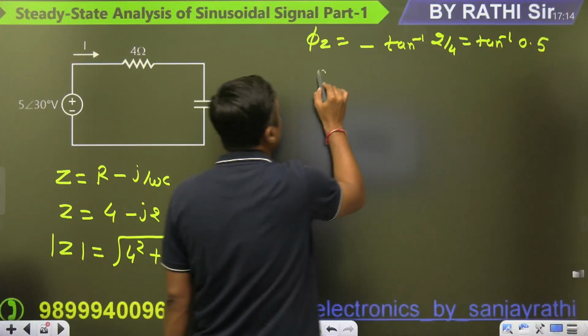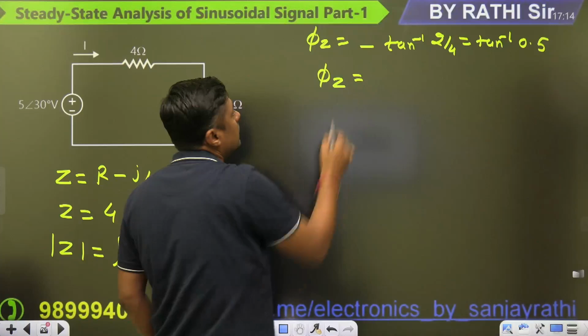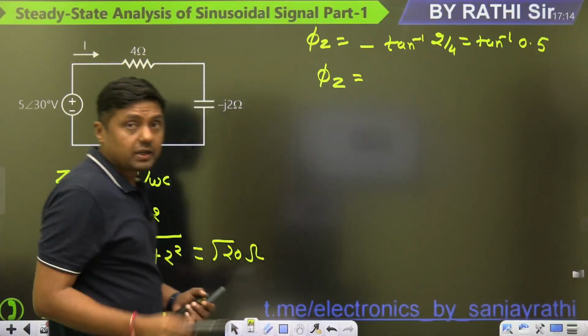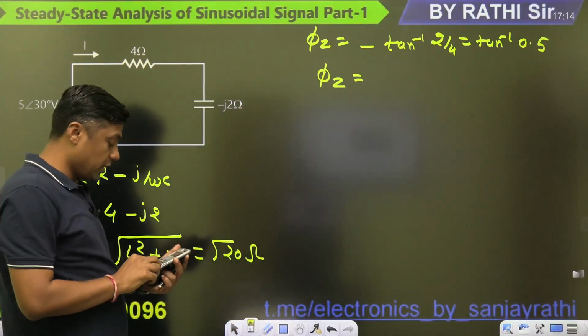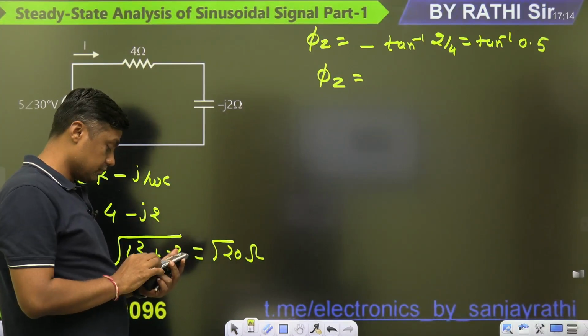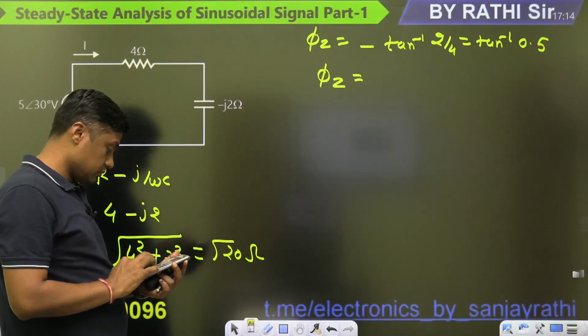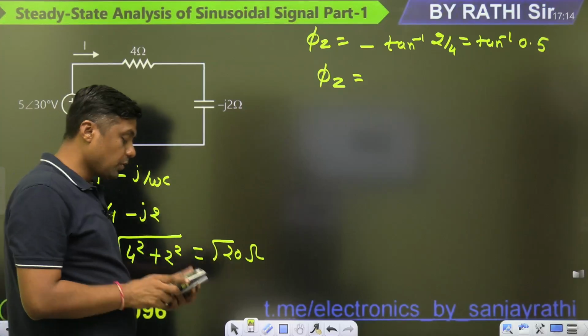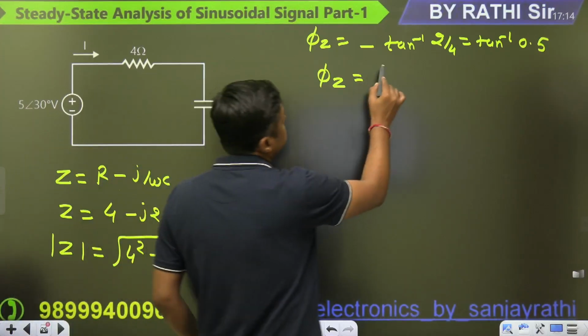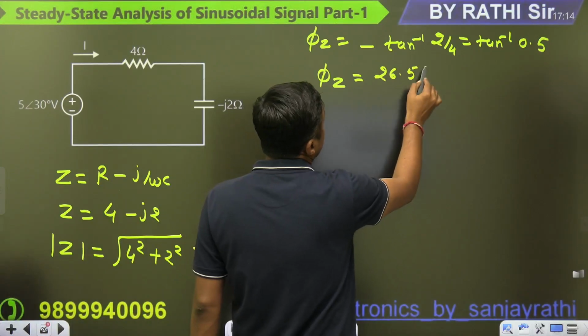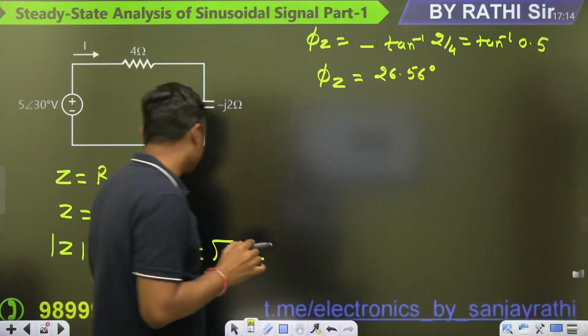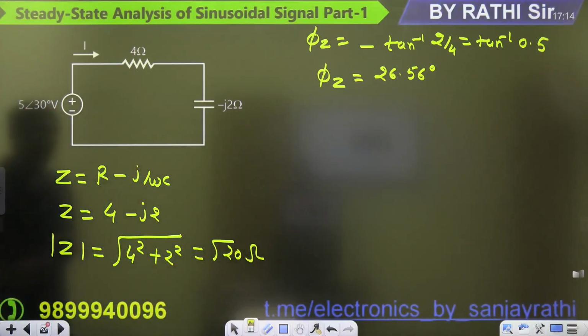From the calculator you can find it. In complex numbers, do the calculation a bit faster. Tan inverse of 0.5 is 26.56. Right, this is the angle. Okay, now this is about the Z.